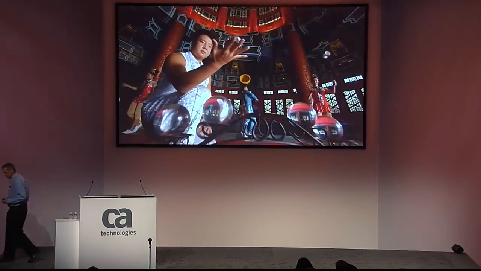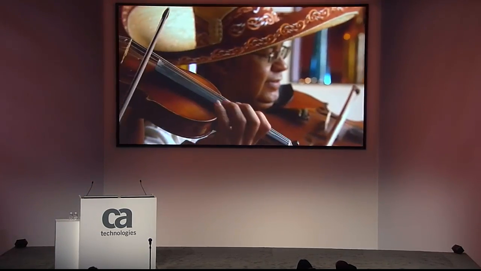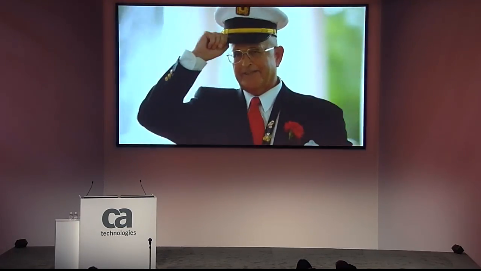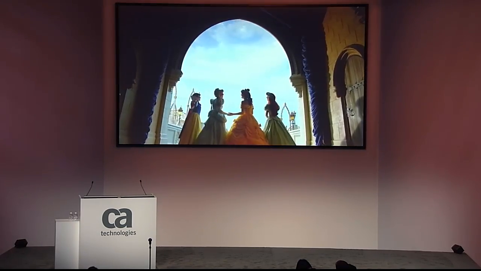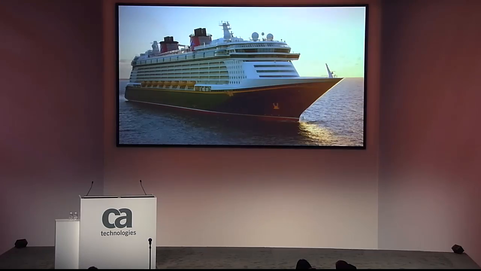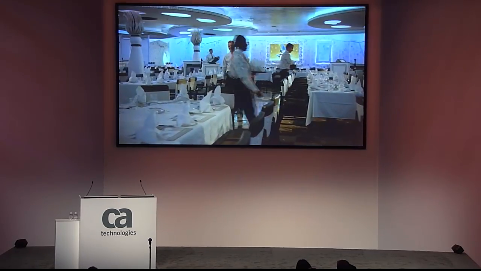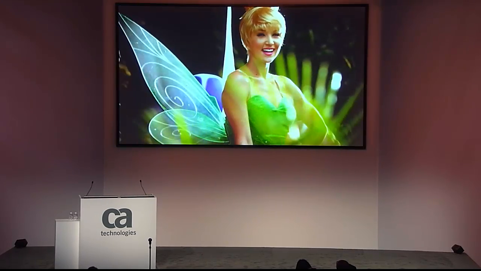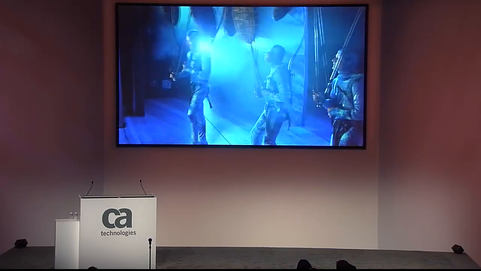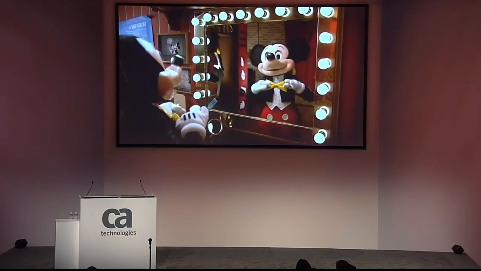All around the world, every single day, we set out to make magic on land and at sea, in destinations around the globe, all with one goal in mind: to welcome our guests.